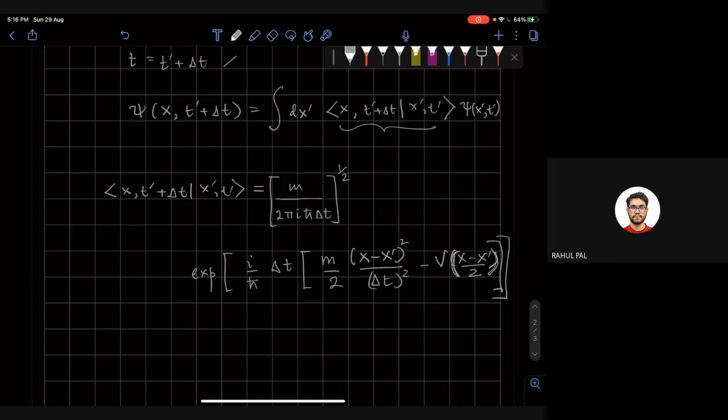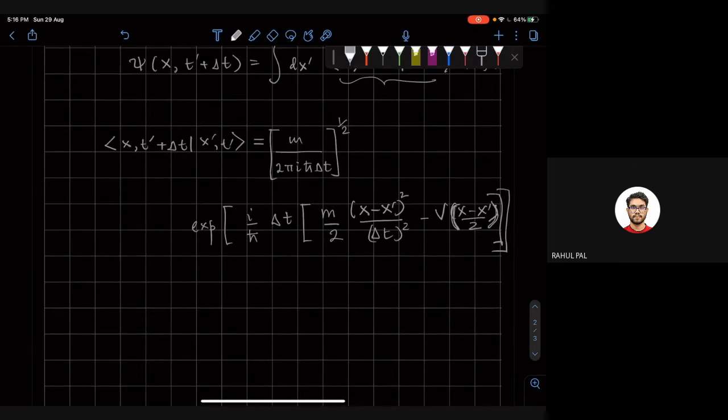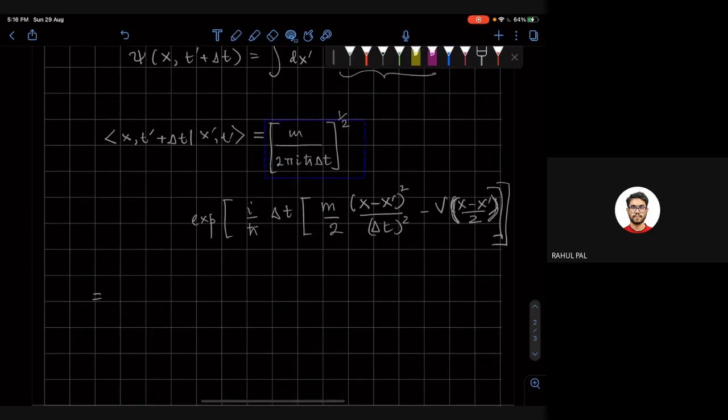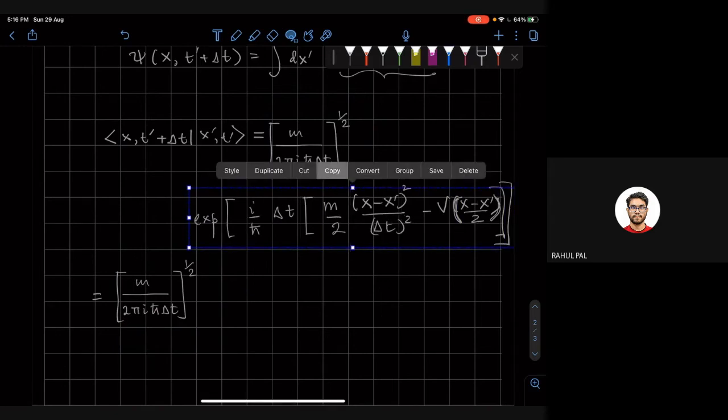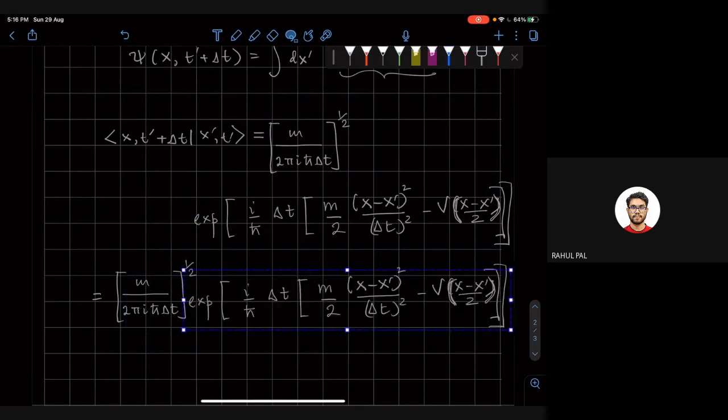Okay, now what we can do is simplify this a little bit. Let me just copy and paste the prefactor because that's not going to change. This thing I'm going to simplify, but first let me paste it.